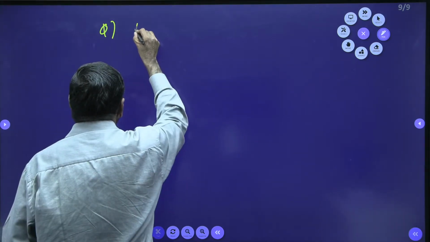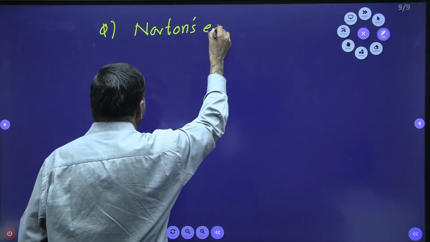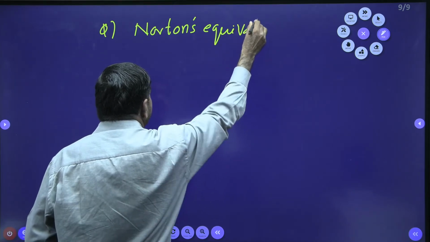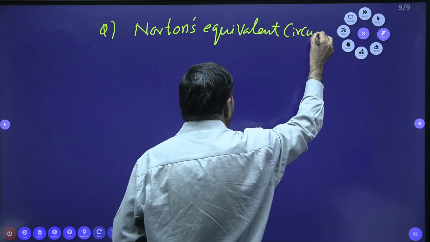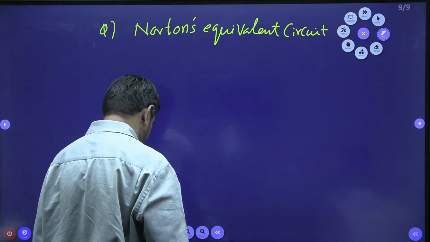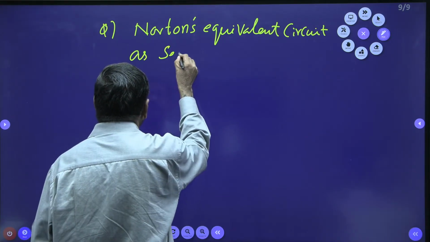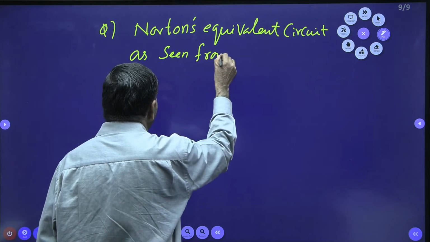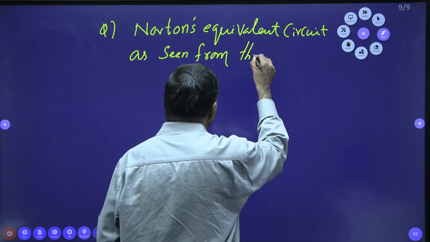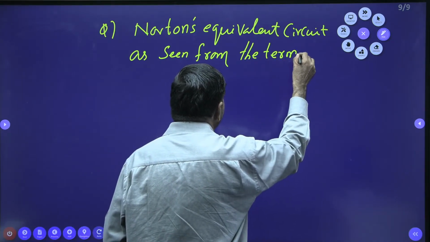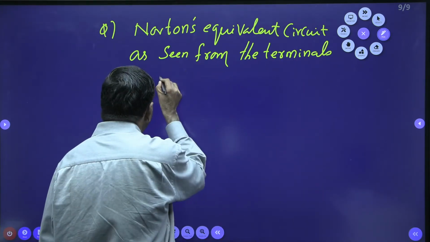It is asking for the Norton's equivalent circuit as seen from the terminals A and B.